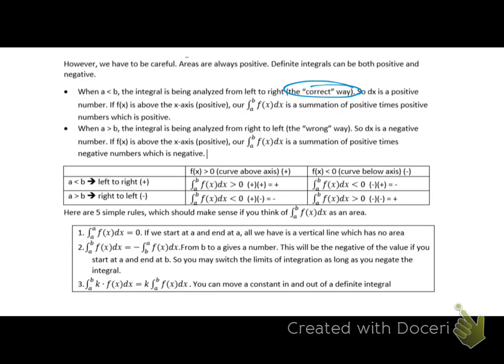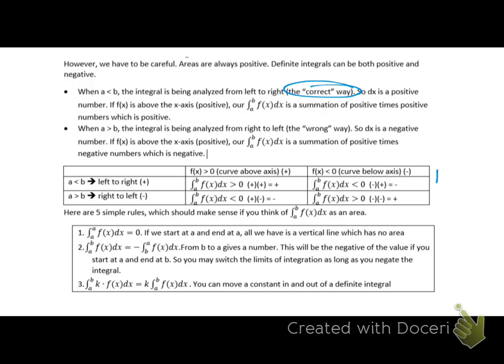Also, when you're underneath the x-axis, it switches the sign of whatever it would be if it were above the x-axis. So a positive area is going to be above the x-axis, going the right direction. A negative area is going to be below the x-axis, going the right direction. Okay, because when we find those areas, we're going to take the top and then subtract the bottom. So it's very important to know all that, and I'm going to go over lots of examples where we actually use these properties.